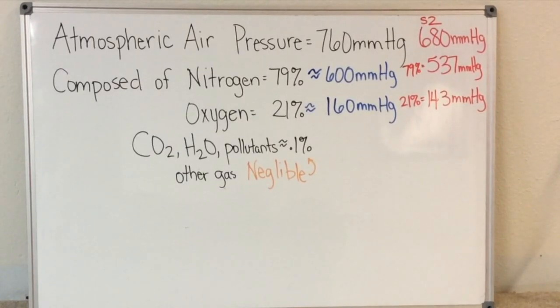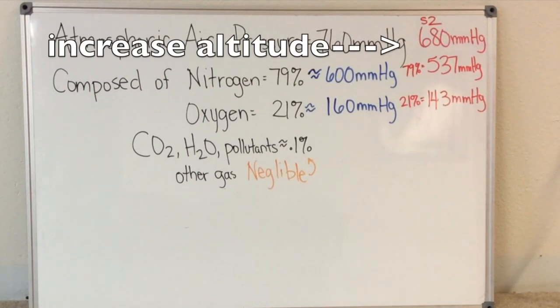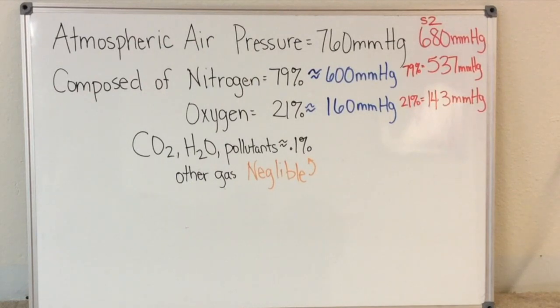On Earth, we do not see large changes in the amount of nitrogen and oxygen in the air. What does change is the amount of air pressure exerted upon us. As we move to higher elevations, the air becomes thinner and pressure decreases. In situation 2, we had a pressure drop from 760 millimeters of mercury to 680.